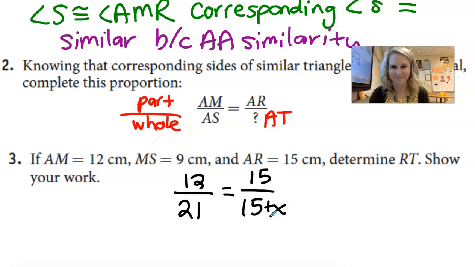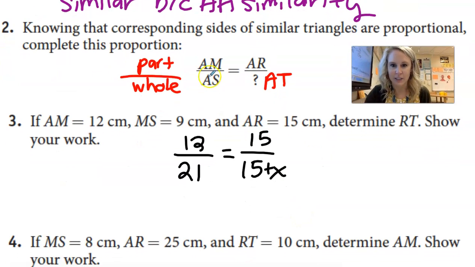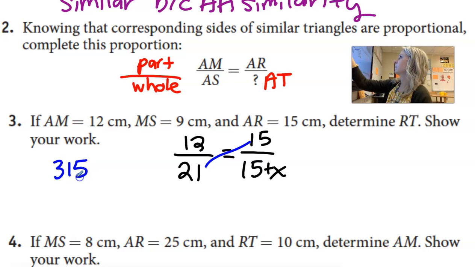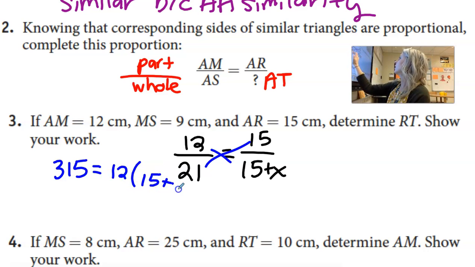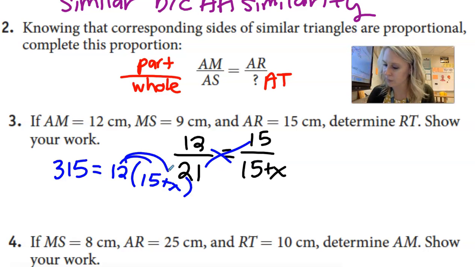And I solve it. Okay, so I'm going to cross multiply. 21 times 15, 315, I think. Let me double check that. 21 times 15. Yep. 315 equals 12 times all of that. Distribute. 12 times 15, 180.